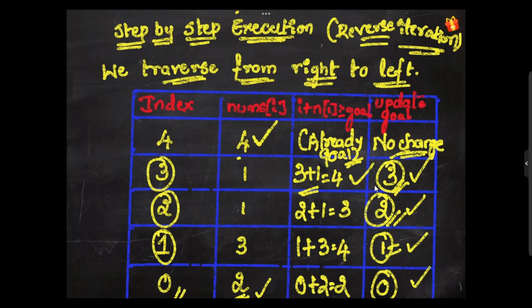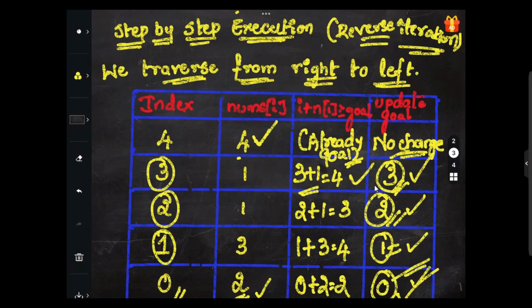So since the goal moves back to index 0, we will return the output true here. Since the goal moves back to index 0, we will return true as output, right?